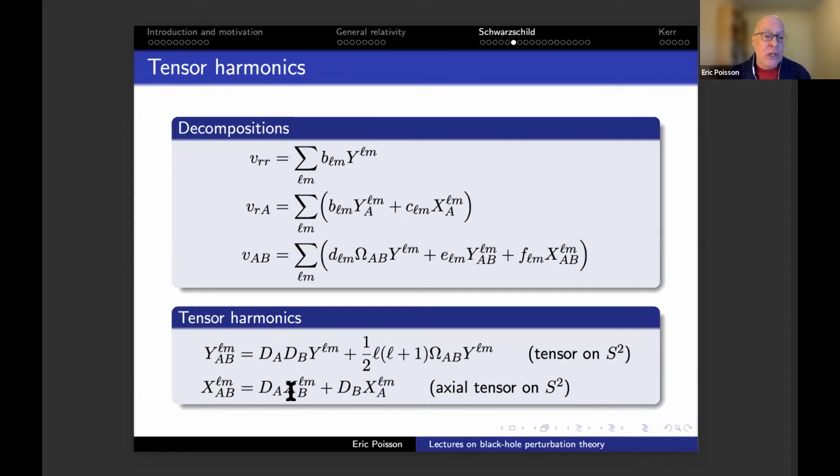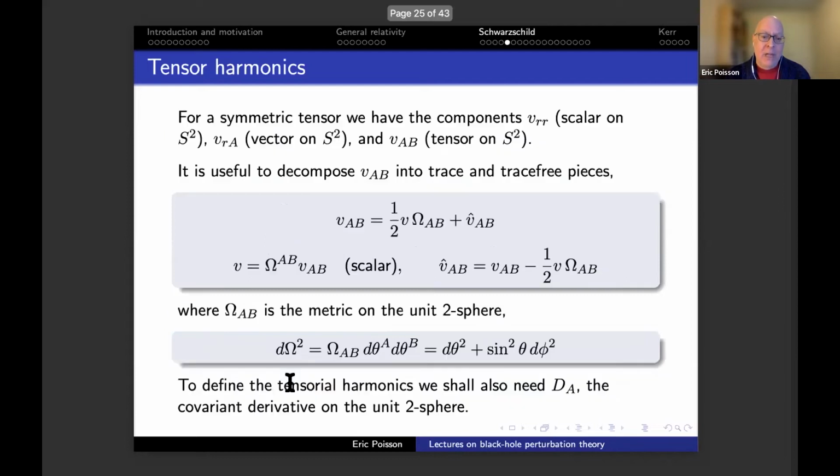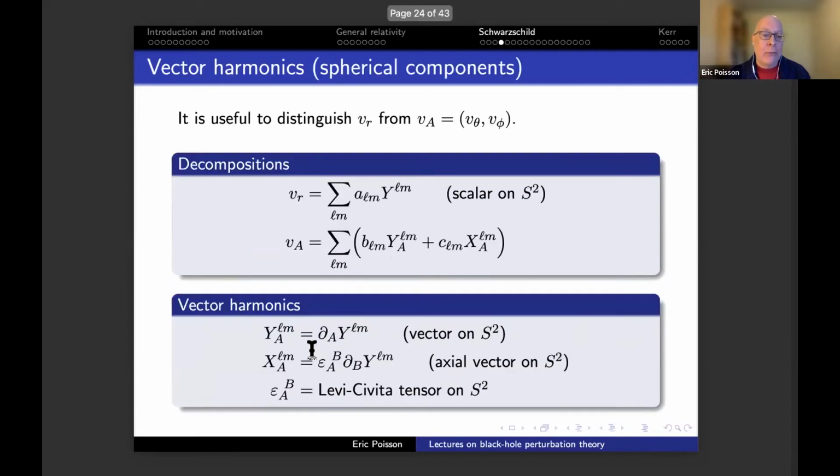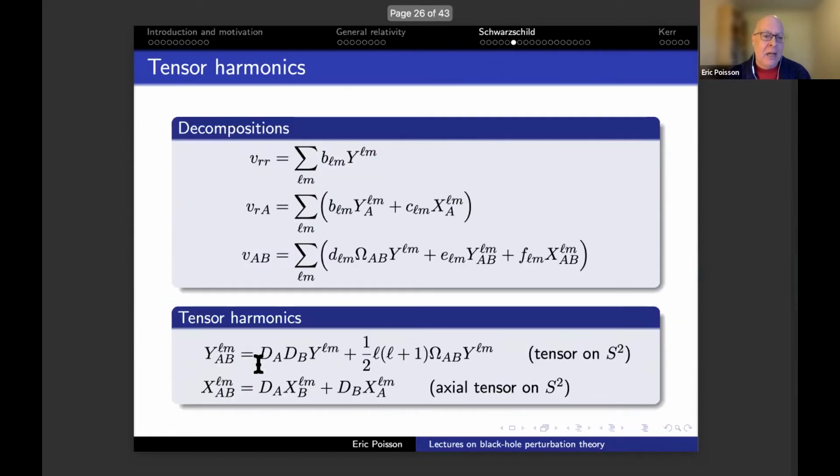The other way to achieve this would be to take the previous axial vector that we had, the x vector that we had before, defined in this way through the permutation symbol, and I can take an extra derivative of this. And that's what I'm doing here. Then I'm symmetrizing the operation.